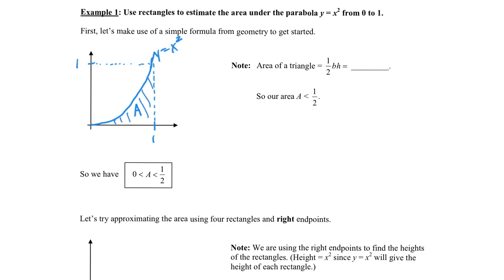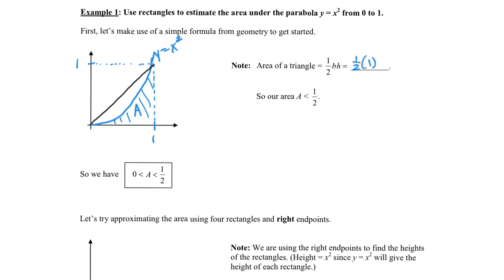So what we could do is start off with an approximation using a triangle. So we know that the area underneath this black line could be found by the area of a triangle, which is 1/2 base times height, right?